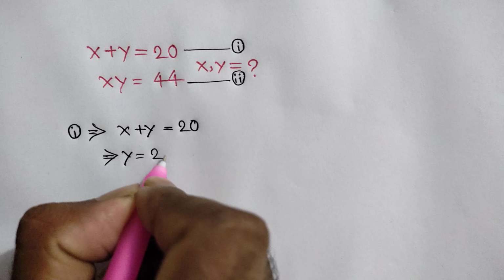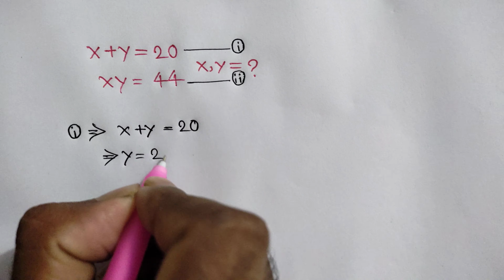xy is equal to 44. Here y is equal to 20 minus x from equation 3, so we can write here x times y, that means 20 minus x is equal to 44, or x times 20 is 20x, x times negative x is negative x square.